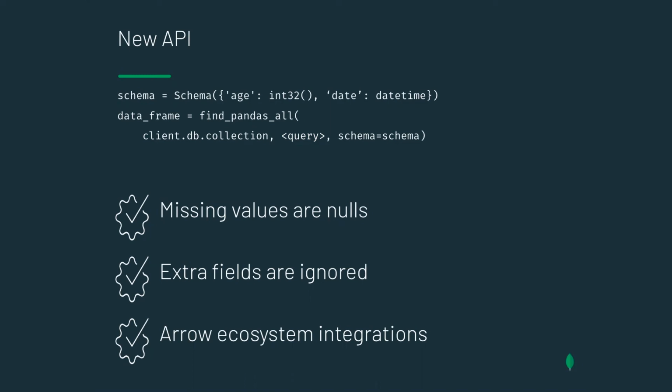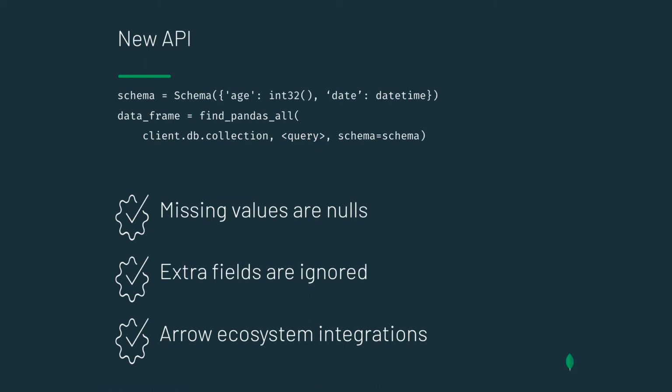Pandas has a lot of great utilities to replace nulls with completed values, so we allow developers to do this elsewhere. Extra fields in your data aren't ignored. Once we process the schema, only those fields get returned from MongoDB, so it's not a complete dump of your data. Thus, we minimize the network traffic returned to the client.